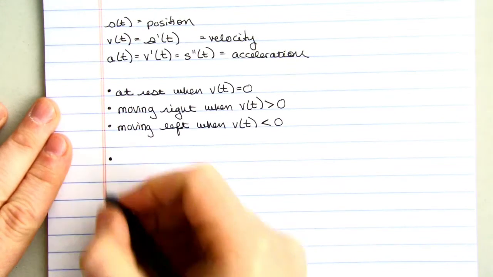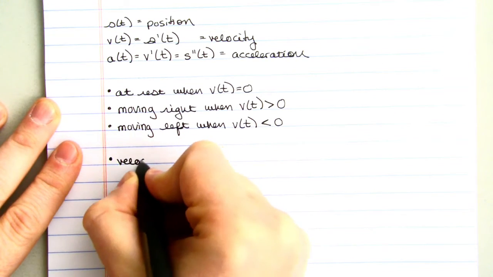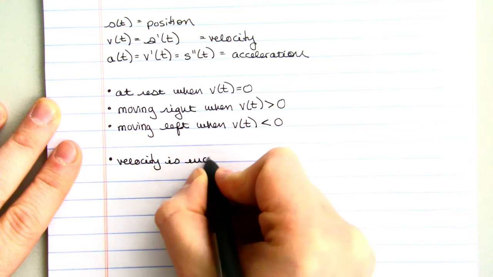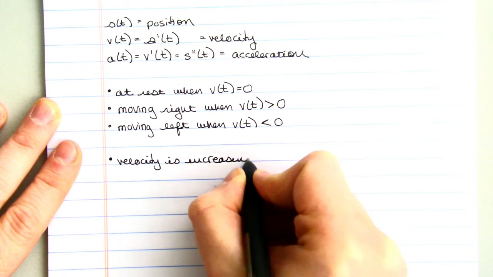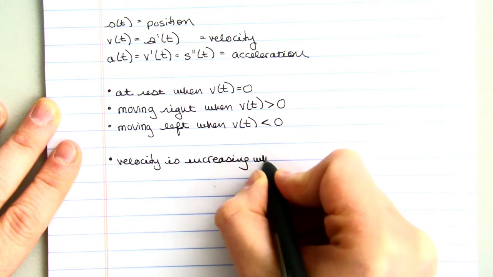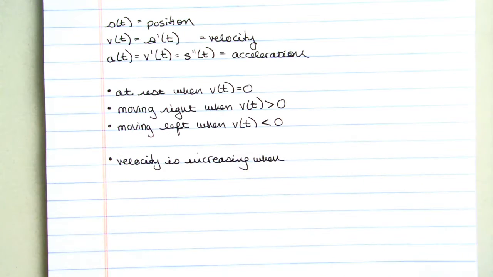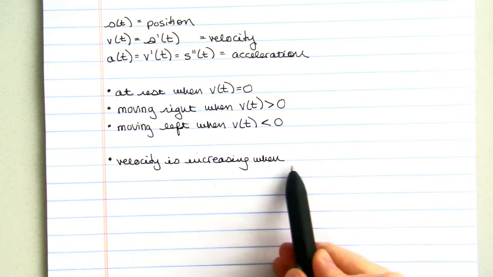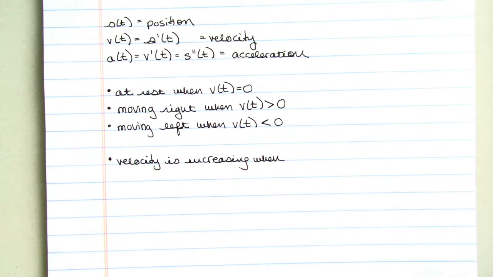Next, my velocity is increasing when, well, for anything to be increasing, its derivative must be positive. So the velocity is increasing when what must be true?